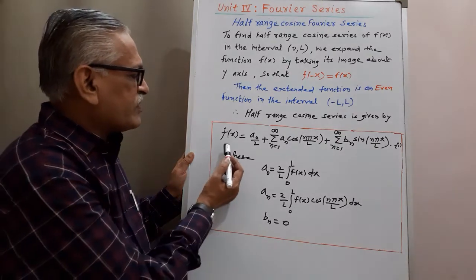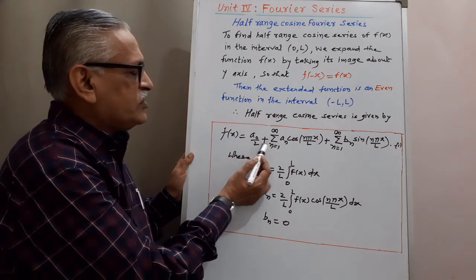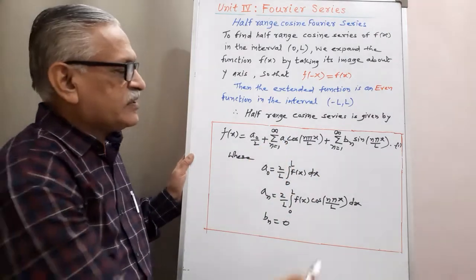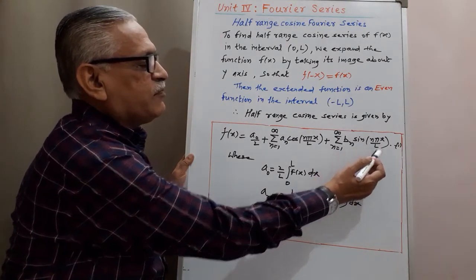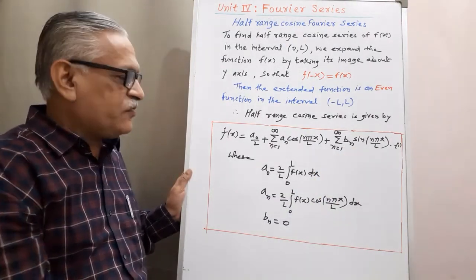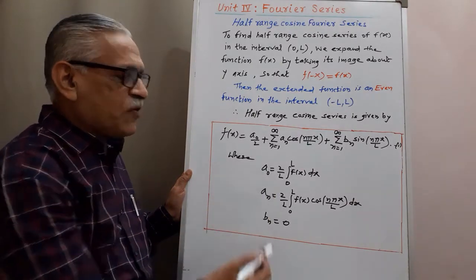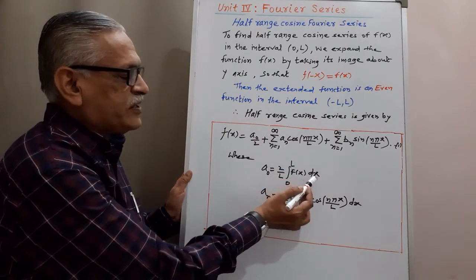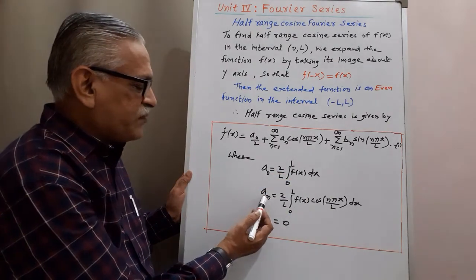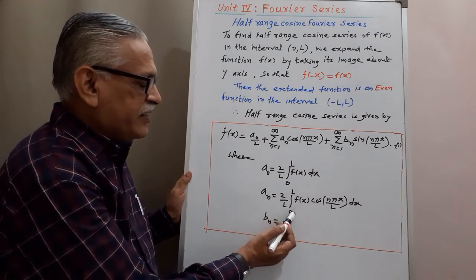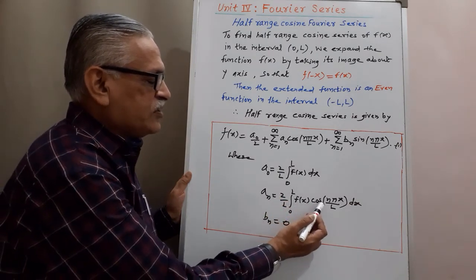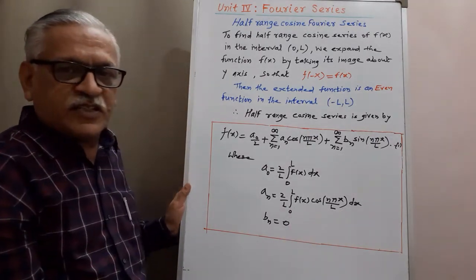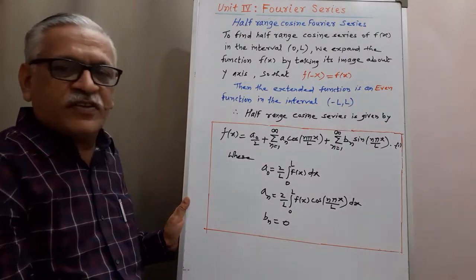The same formula we have: f of x is equal to a0 by 2 plus summation of an cos n pi x by L, n changes from 1 to infinity, plus summation of bn sin n pi x by L, n changes from 1 to infinity, where a0 is obtained by 2 by L integration from 0 to L f of x dx, and an is obtained by 2 by L integration from 0 to L f of x cos n pi x by L with respect to x, and the value of bn is always 0.